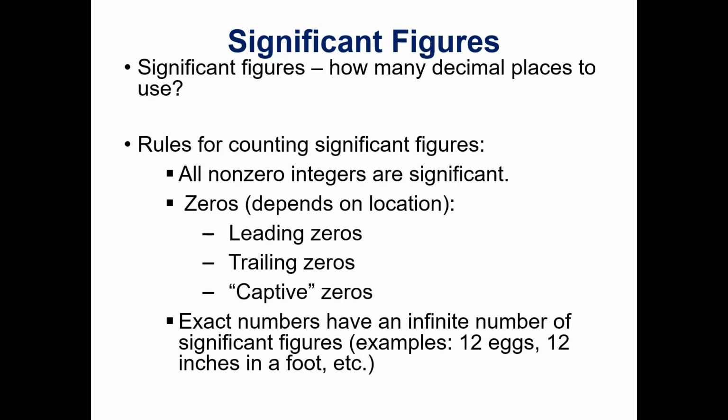So for example, 12 eggs, you could count that you have 12 eggs. Or if I have 6 chairs in front of me, I can count that there are 6 chairs. So if you can count how many there are of something, it's an exact number, and we consider that to have an infinite number of significant figures. So we don't have to worry about that when we're determining how many significant figures to give in an answer.